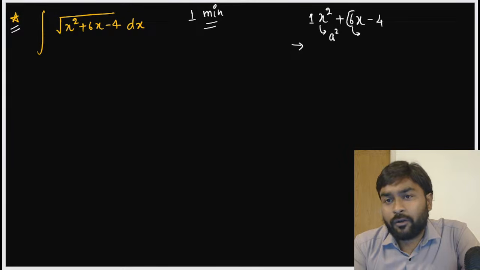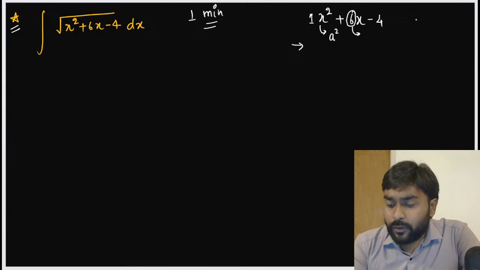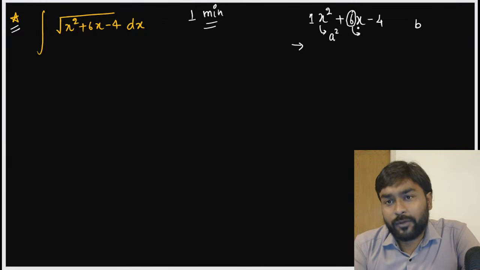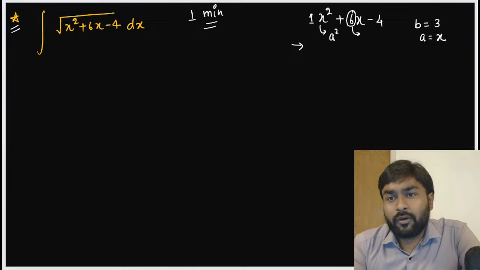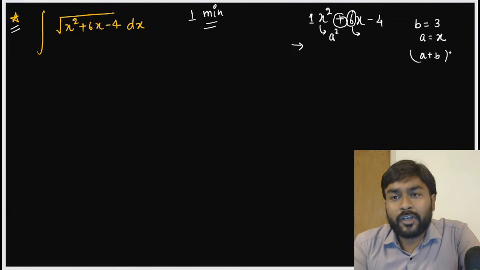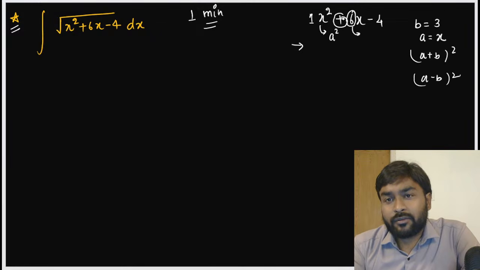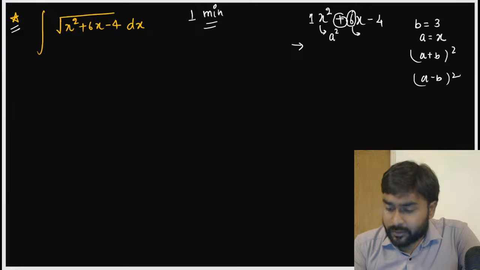Whatever is the coefficient of x, divided by 2, will become b. So if you divide this by 2, you get 3, and this x will become a. Correct? And this sign will decide whether in between we write a plus b whole square or a minus b whole square. So only this sign will decide. Here it is plus, so we will write plus. So finally x plus 3 whole square.